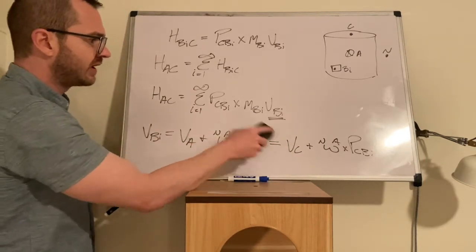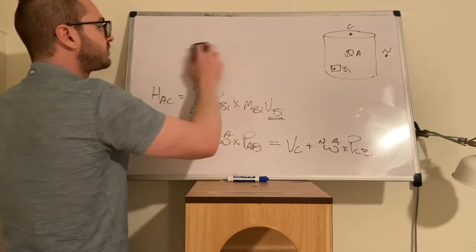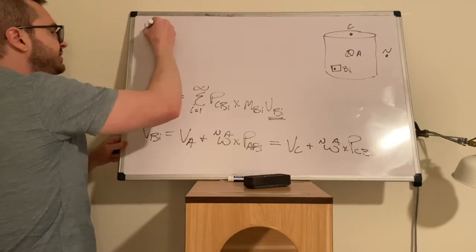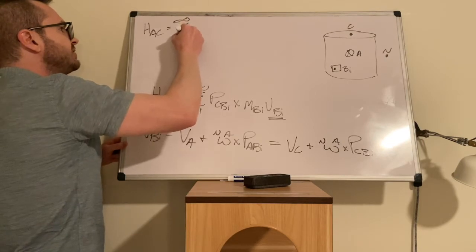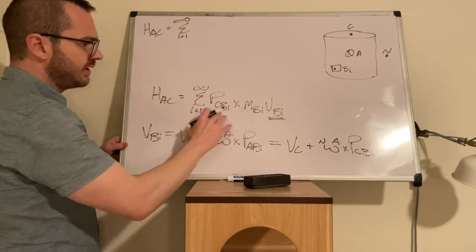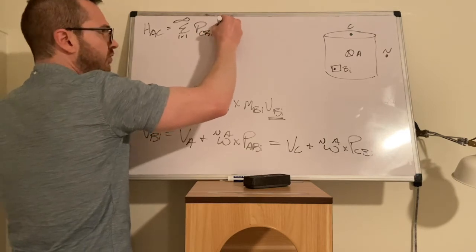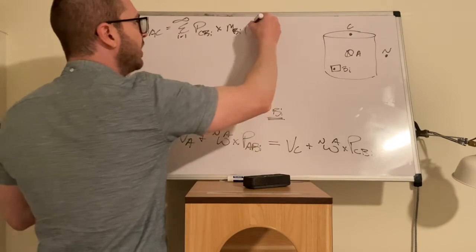Let's take this expression and let's insert it into this equation. So we're going to get H_AC equal to, here's our infinite summation, the first position vector, P_CBi, cross m_Bi, and now we bring this term up.